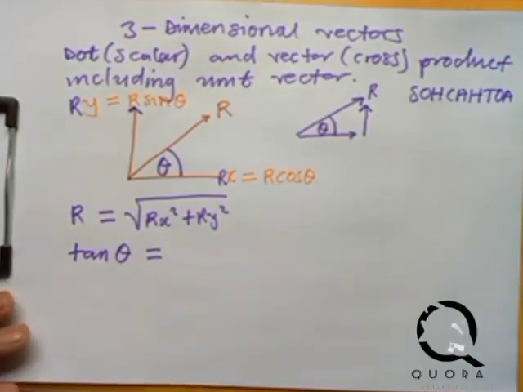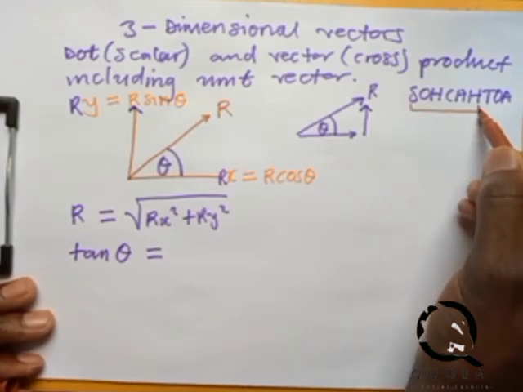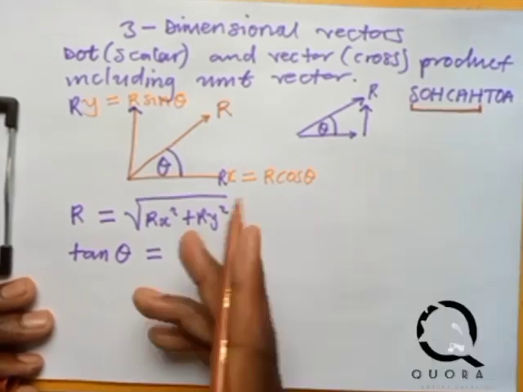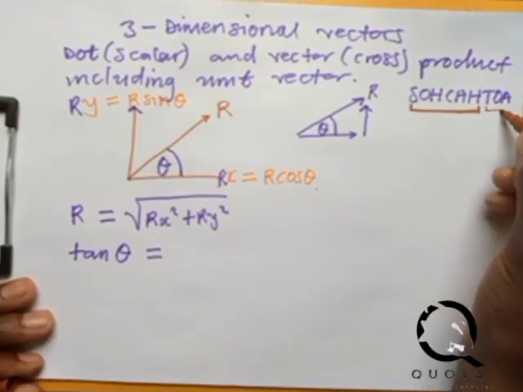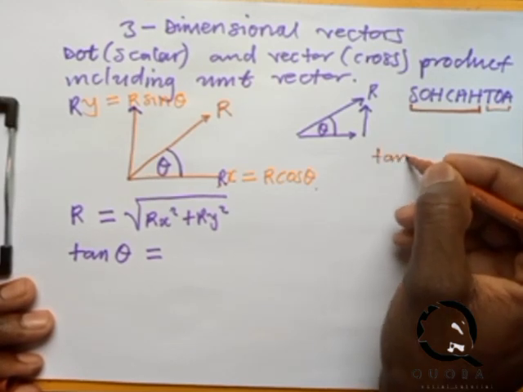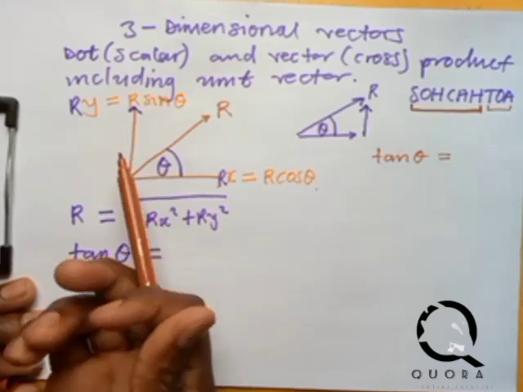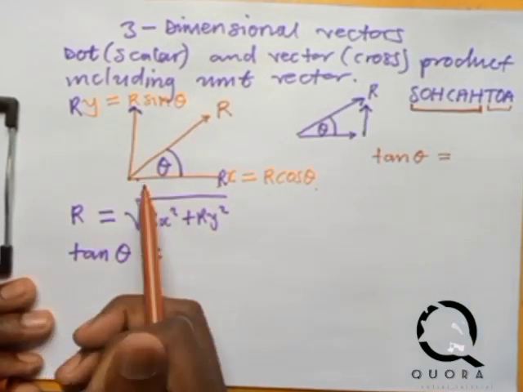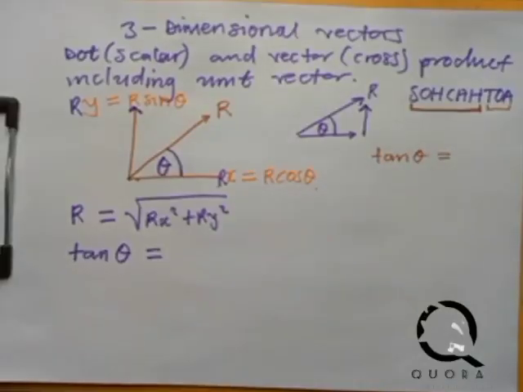Last time, if we get back a bit to that same lesson, we said these two identities are used to find the components. The remaining identity is tan, and tan is given as what? We say tan theta has to be equal to, the opposite here is the y component, and the adjacent is the x component.